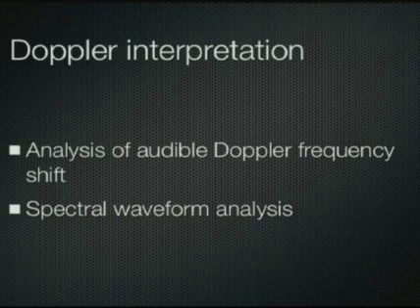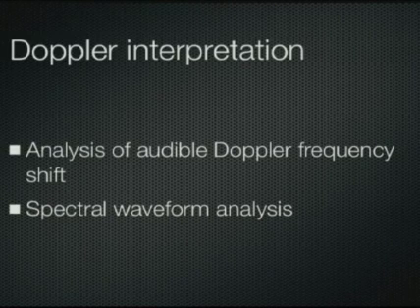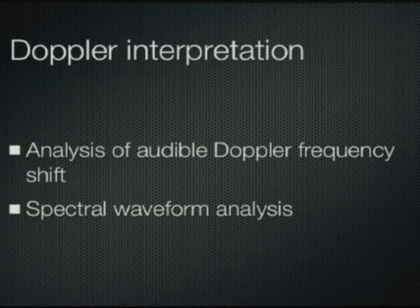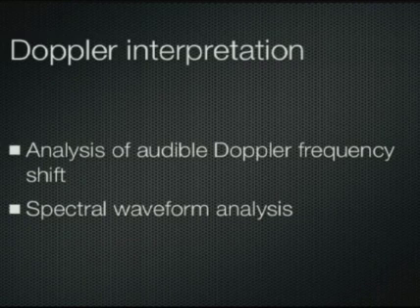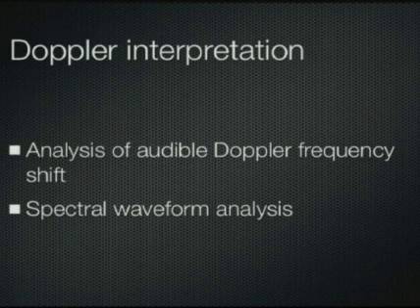In the early days of Doppler, it was analyzed by listening to the Doppler frequency shift on headphones or through a loudspeaker. This is because the frequency shifts produced by clinical ultrasound devices insonating clinical targets are actually in the audible range. Currently, however, most analysis is performed by evaluation of the Doppler spectral waveform.